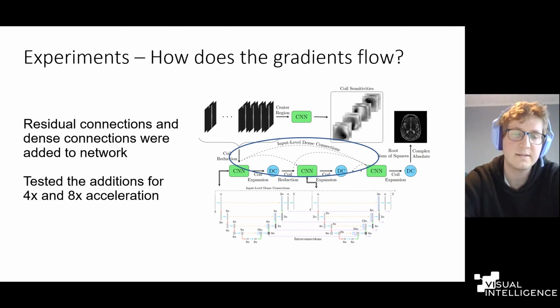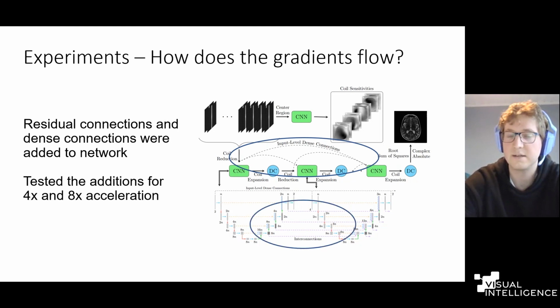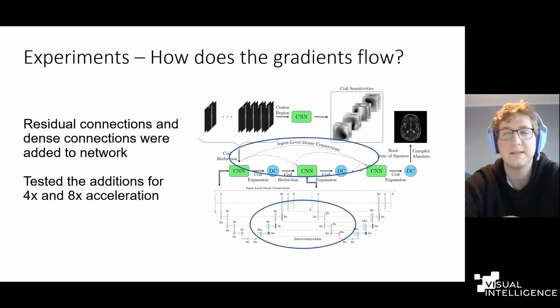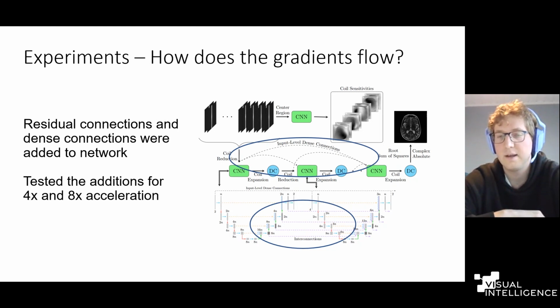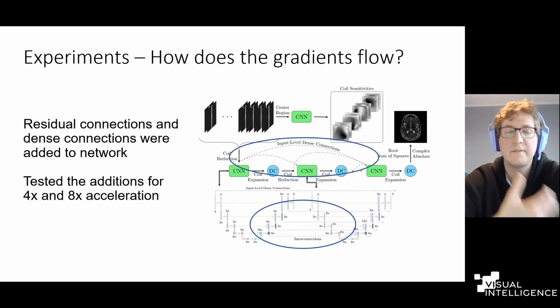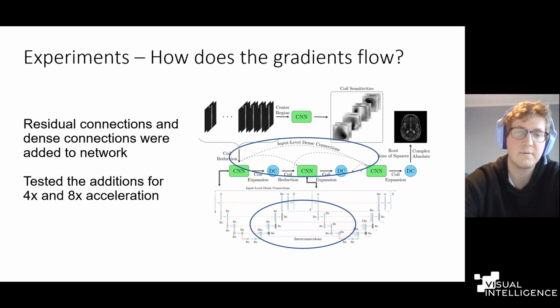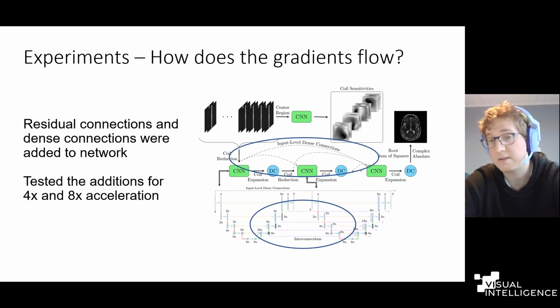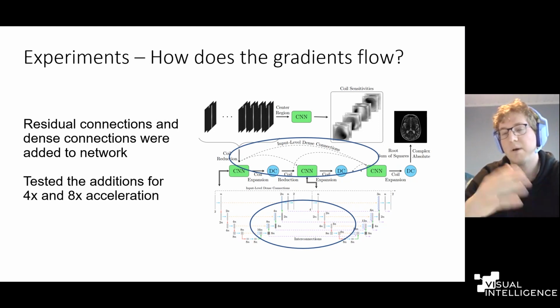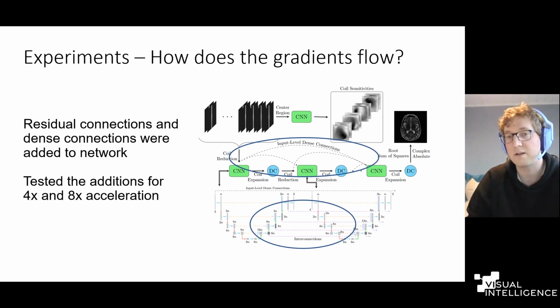And lastly, we added something with the interconnections. It's really just dense connections, but within the network, since we thought that a lot of the information the model gains in the feature maps might get lost. So you want to try to preserve it across subnetworks, across cascades.